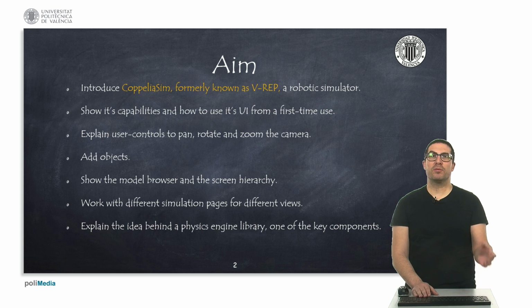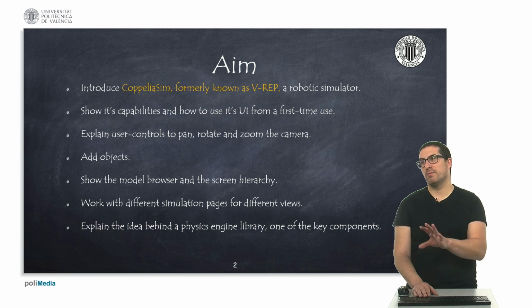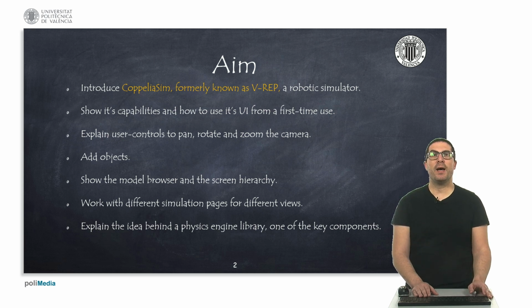I will explain the model browser and the scene hierarchy, briefly show how to see different simulation pages in order to have different views, and briefly explain the physics engine library, which is one of the key components of the software.